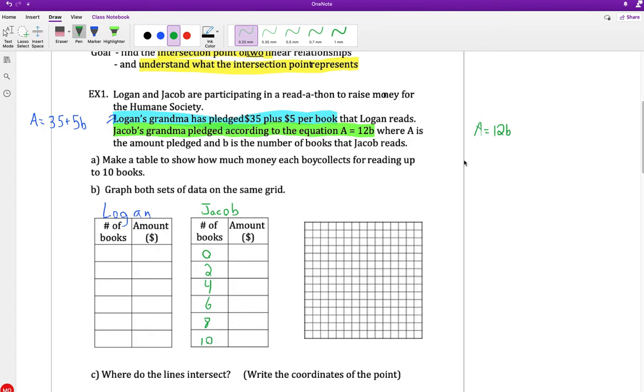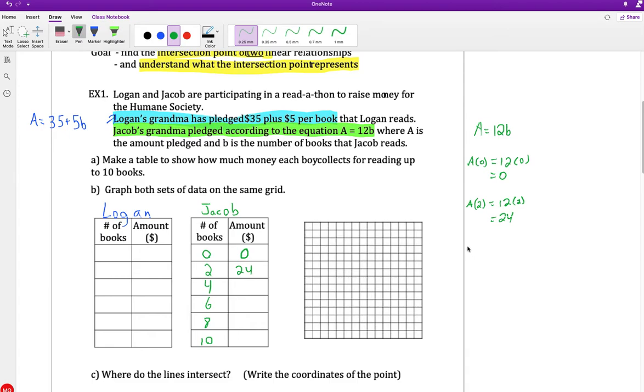The way we do this is we just plug those numbers in. The first one we're going to plug in 0. So 12 times 0 equals 0. When he reads no books, he gets no money. If he reads 2 books, it's 12 times 2, which equals $24.